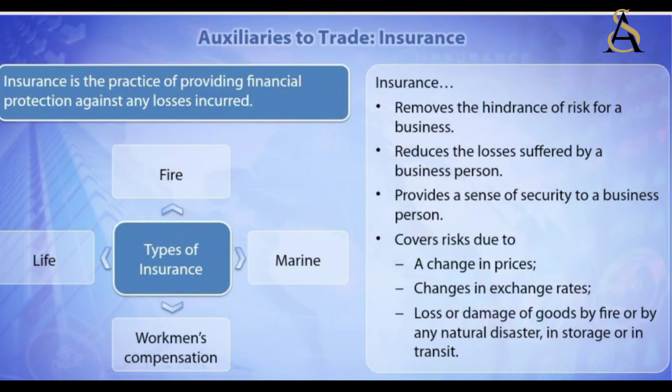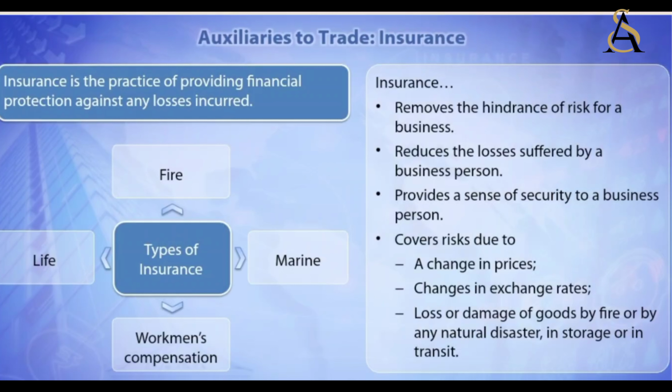Next is insurance. Insurance is the practice of providing financial protection against any losses incurred. There are different types of insurance like life, fire, marine, and workmen's compensation. Insurance removes the hindrance of risk for a business.